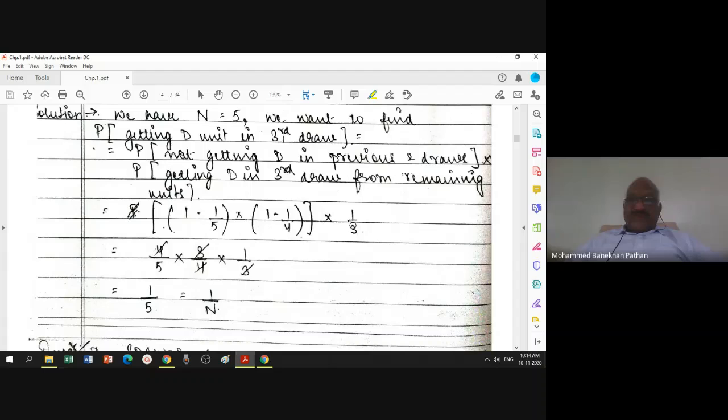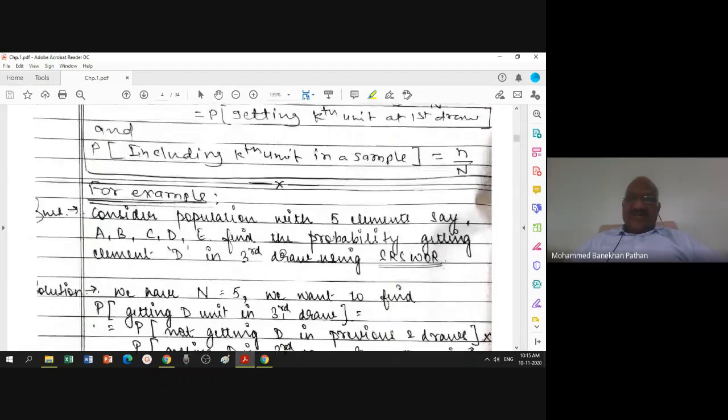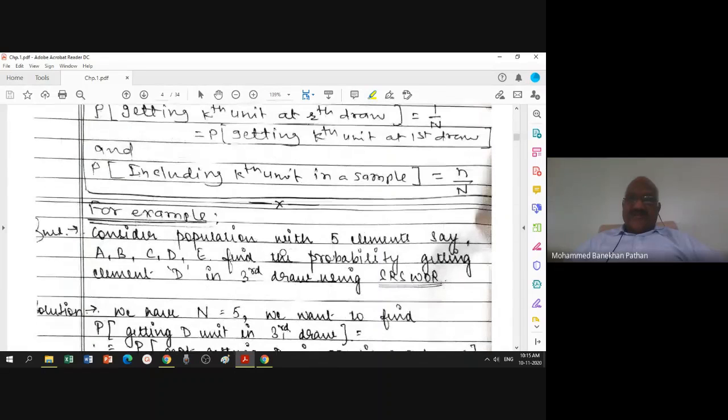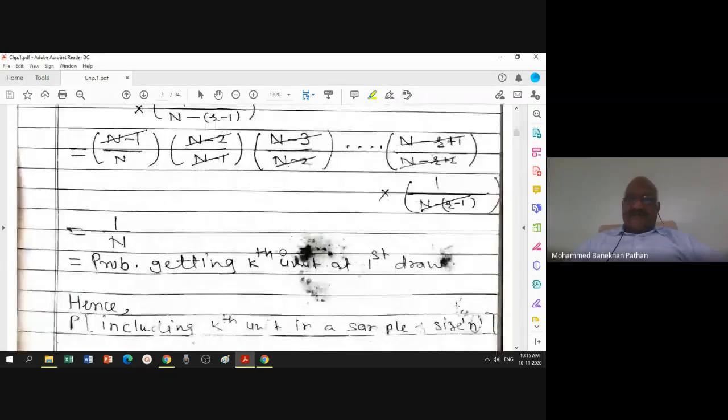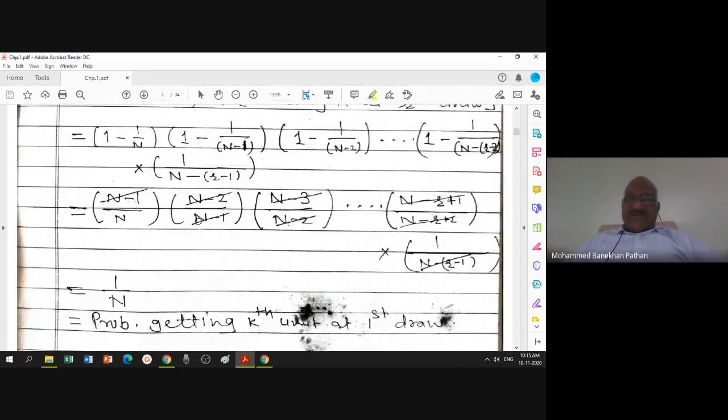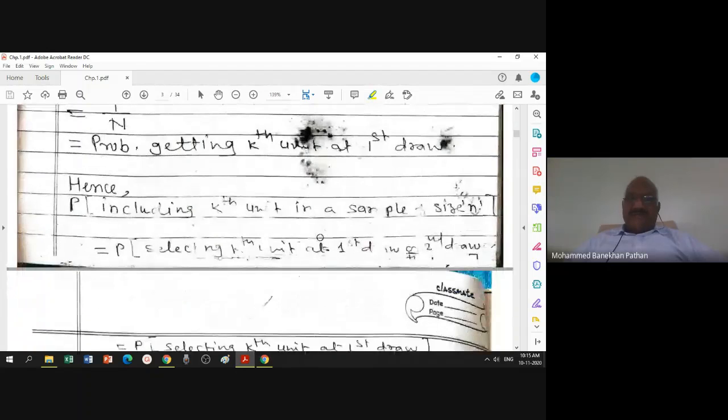If you simplify this expression, 1 minus 1 by 5 is 4 by 5, and 1 minus 1 by 4 is 3 by 4. Multiply by 1 by 3. It is just like the general expression I explained in the last lecture. This 4 cancels with the next denominator, this 3 cancels with the next denominator, and so on. The same thing happens here also.